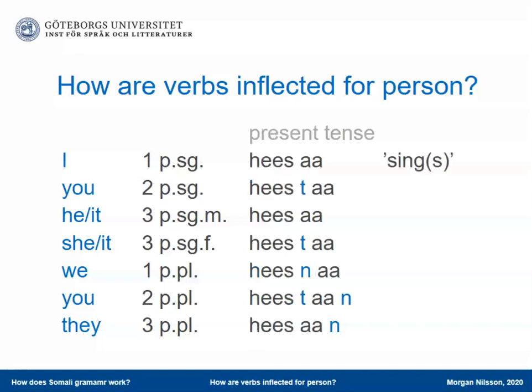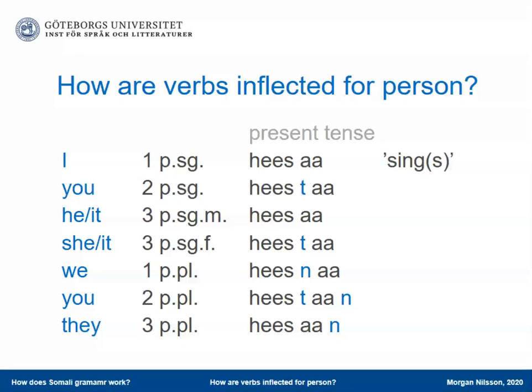And if these endings are now added to a verb root, we get forms like these. This is a completely regular, very simple to produce verb, meaning sing, sings, where no other complications are involved.